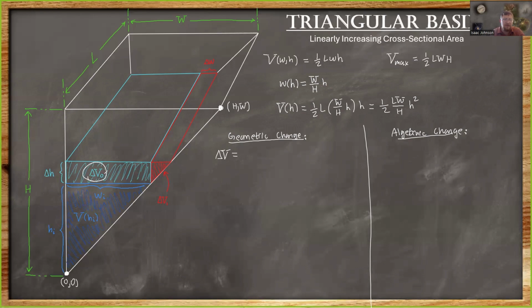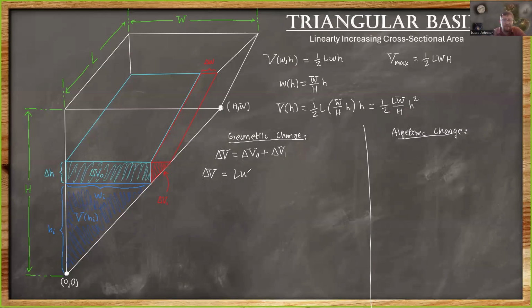It's going to be equal to the sum of the rectangular component plus the triangular wedge. So now we just need to figure out the volume of the rectangular chunk and the volume of the triangular wedge. The volume of the rectangular chunk would be the change of height times length times initial width.